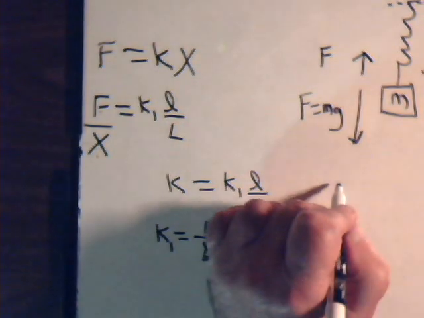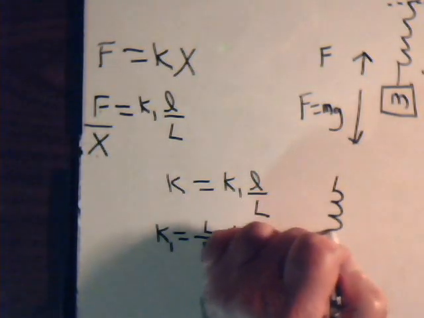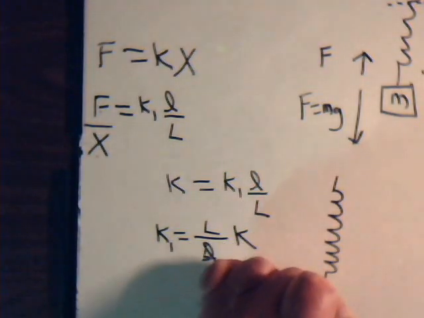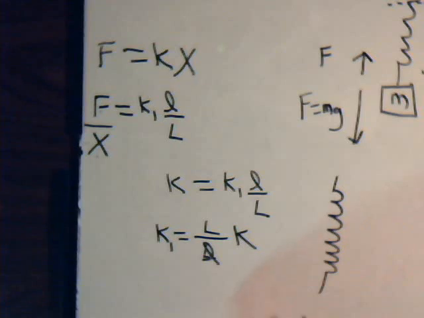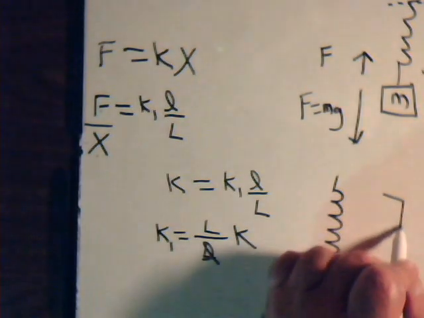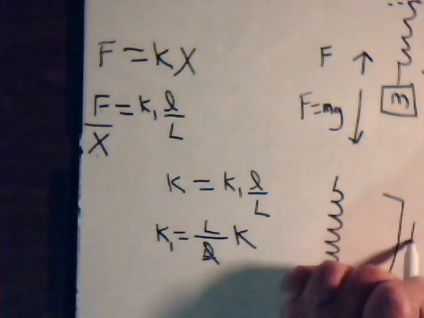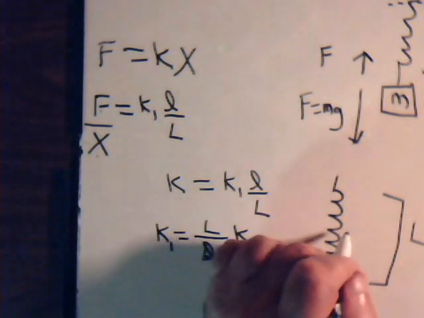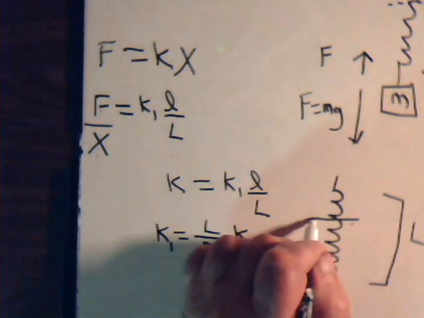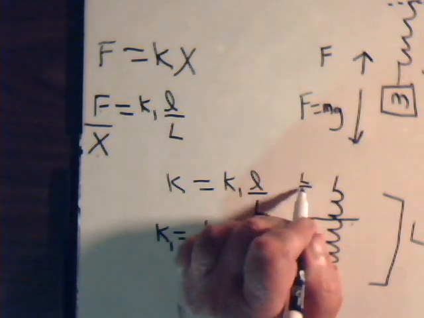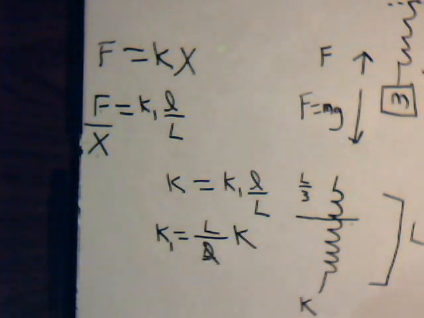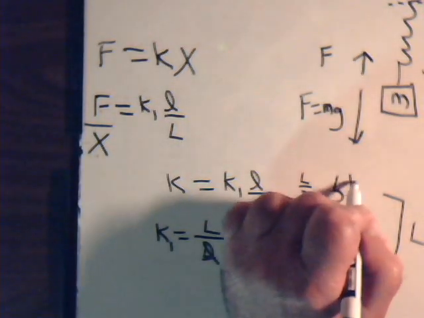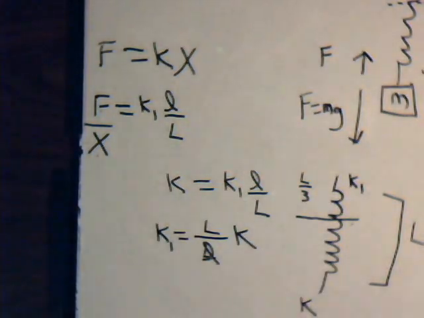So let's say that we have a spring like this. It has a spring constant K, and it has a length of L. And let's say we take just a third of it. And we want to know if we cut the spring off, what then would be that spring constant.